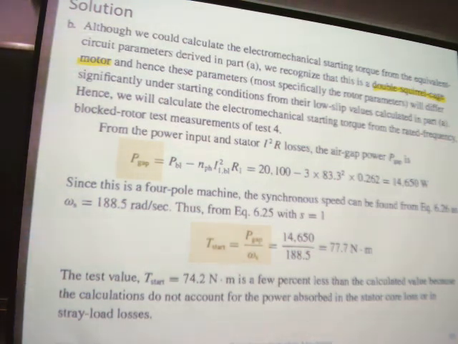This is textbook section 6.7. We have not covered this double squirrel cage motor, but its performance is special. So we calculated the torque using the air gap power, with this method.